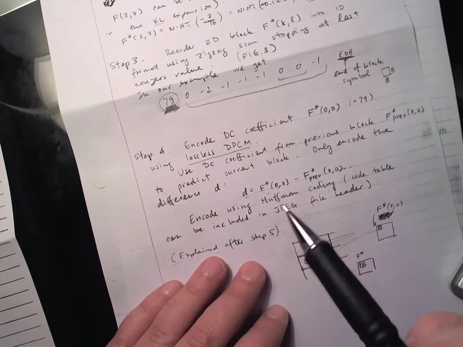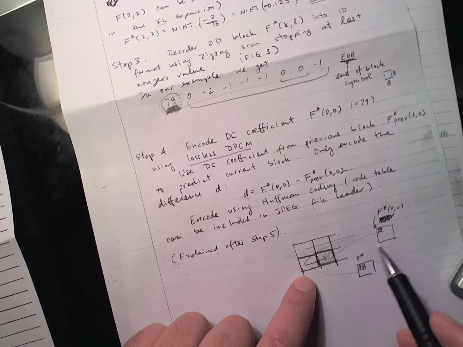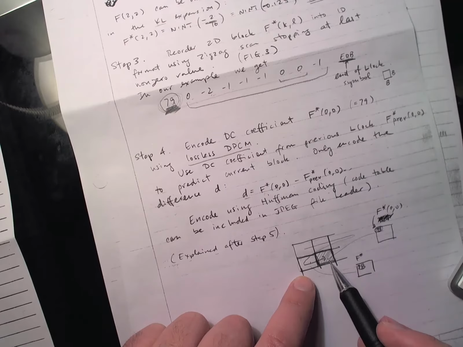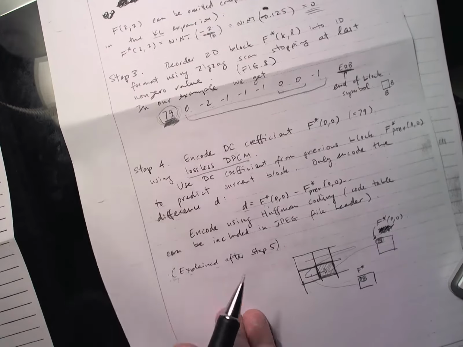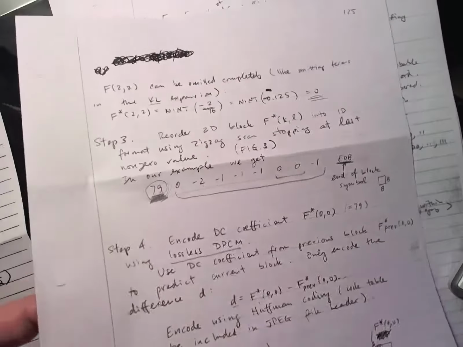And then we use this idea that the block's DC coefficient can be predicted from the previous one, and that only the difference, the error, needs to be saved. So that's a way of knocking down this one remaining large number.